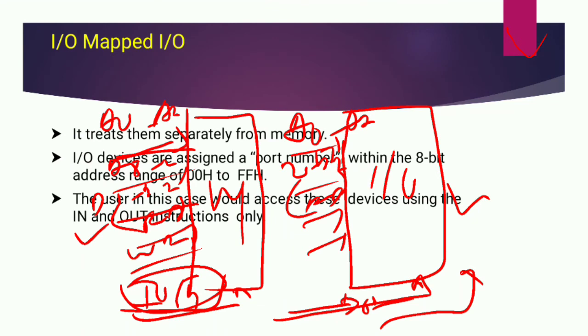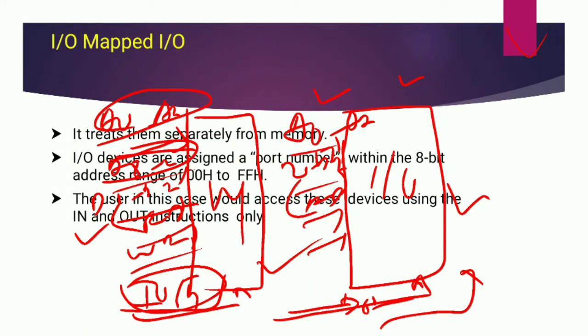The IO mapped IO scheme is shown here. In the IO mapped IO scheme, the processor uses 16-bit address lines, that is A0 to A7 and A8 to A15, for the memory, and 8 address lines A0 to A7 to identify input-output devices.